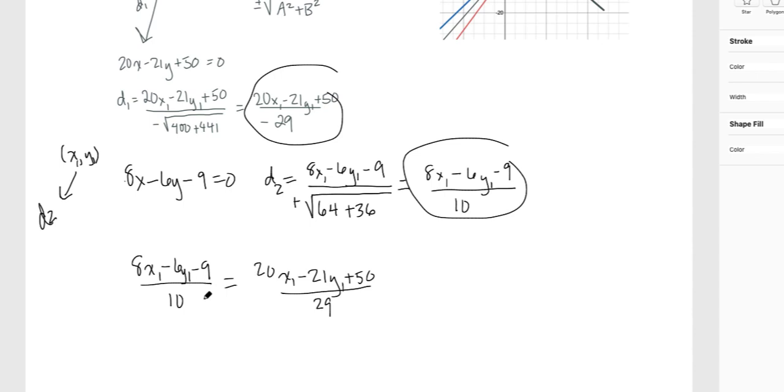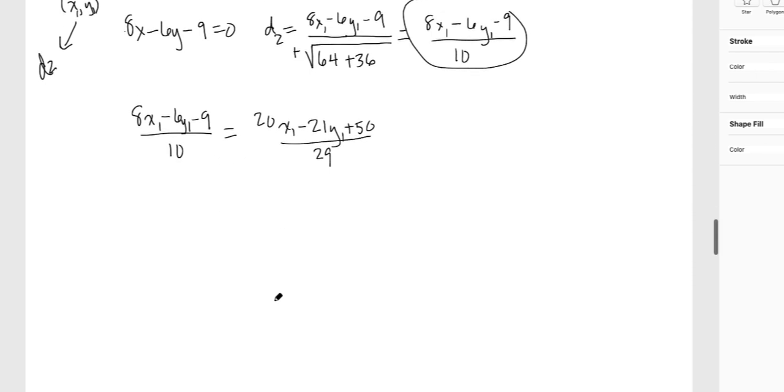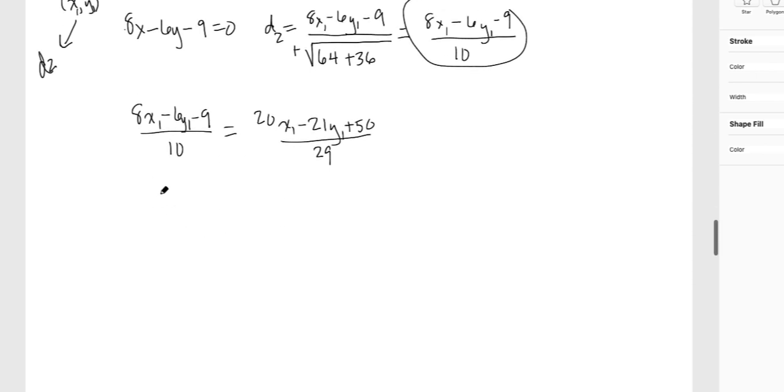This is now true for every x on that gray line. So every x, doesn't matter what kind of xy it is, every x has to have the same relationship, the same distance. The D1, D2 from every point on this line needs to be the same. So as I work on solving this, or really I'm not going to solve it per se, but I'm going to write it down so that we're really just dealing with one equation, and that equation is the one that we were looking for.